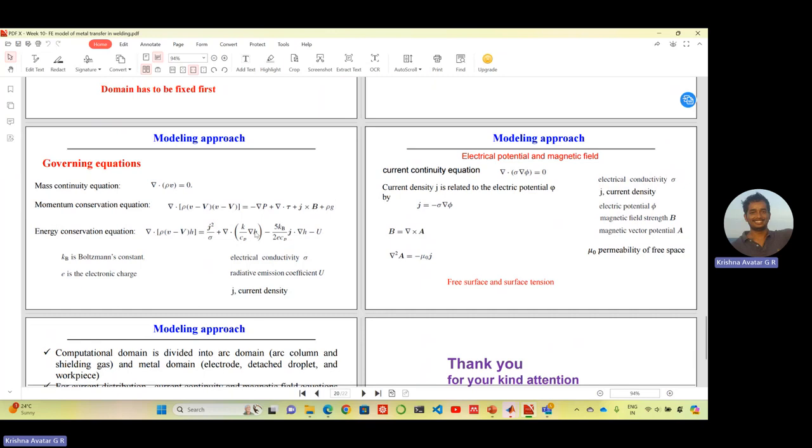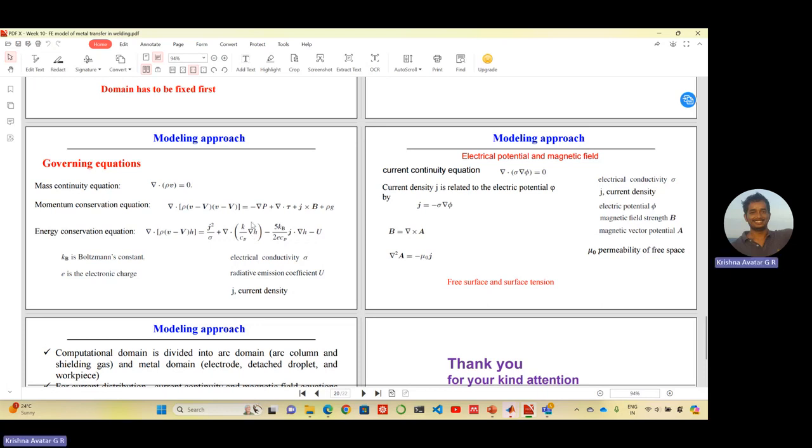Grad of h is essentially the gradient of enthalpy. Then minus 5 kb by e, where kb is the Boltzmann's constant and e is the electronic charge. Cp is again the coefficient of specific heat at constant pressure. Now J vector dot grad of h, J is the current density and h is, as we know, the enthalpy, minus U, where U is the radiative emission coefficient.